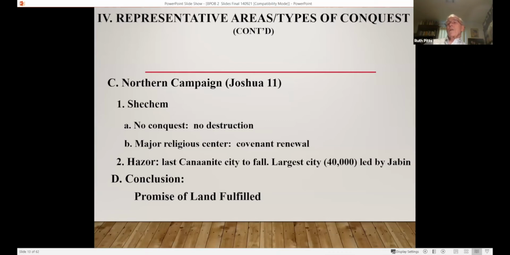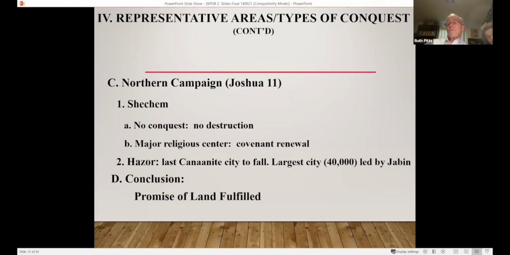Well, modern interpreters believe that there were a large number of Israelites who never left at the time of Joseph. And when these people showed up, they welcomed them, and this is where they had their ark and their covenant renewal.